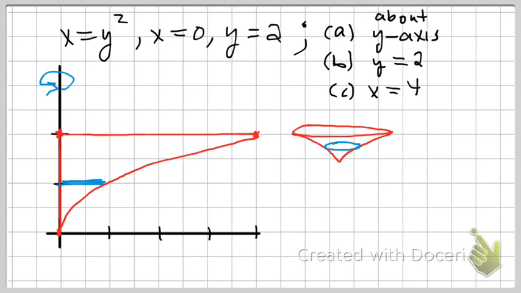So if this is a disc, your thickness here is dy, and the only thing we have to worry about for a disc is radius. What's the radius for this?